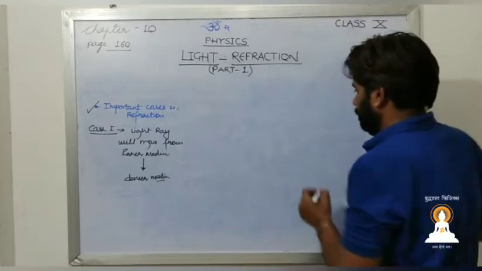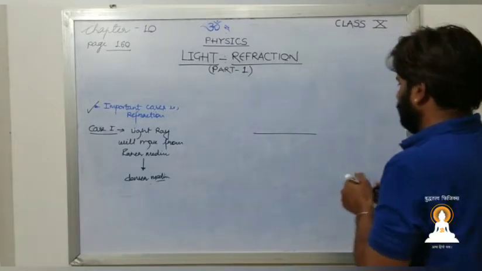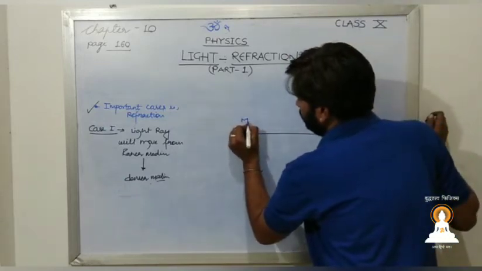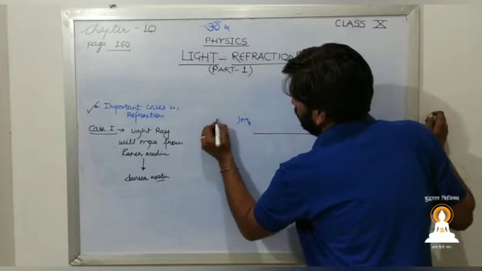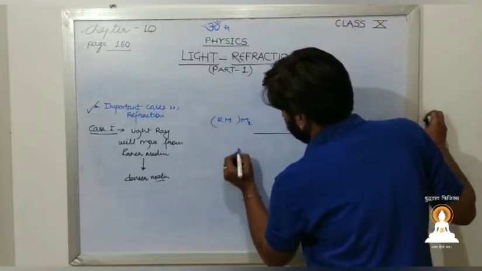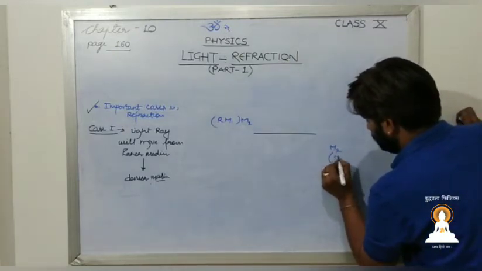Suppose this is medium 1, which is a rarer medium, and this is medium 2, which is a denser medium.